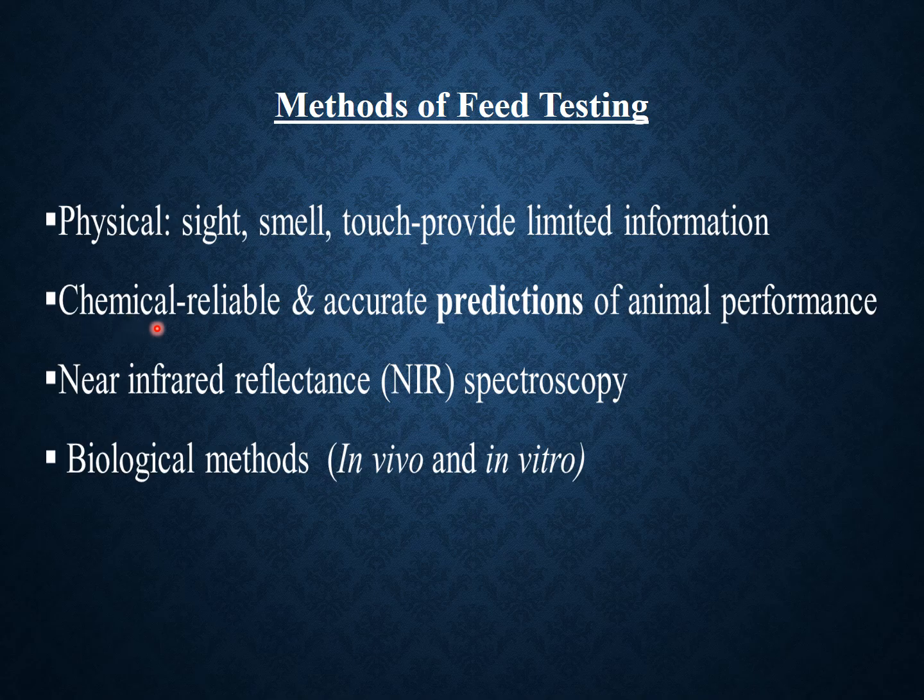This method is reliable and accurate, and gives accurate predictions of animal performance, because you predict whether this chemical composition will be good for the animal, so the animal will get high performance, whether it is suitable for the animal or not, or whether it meets the animal requirements or not. This is the chemical method.